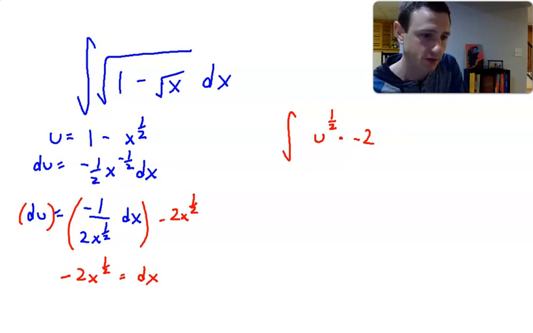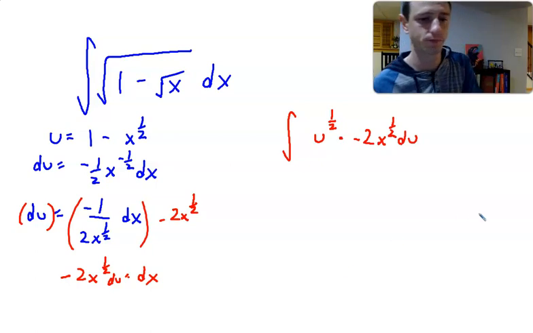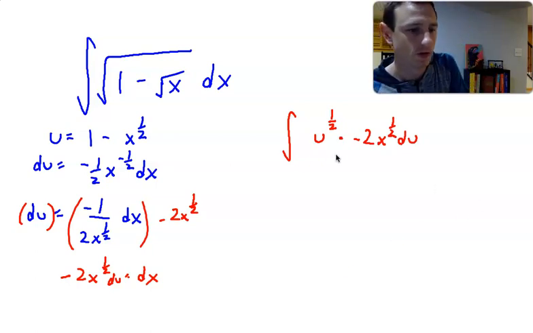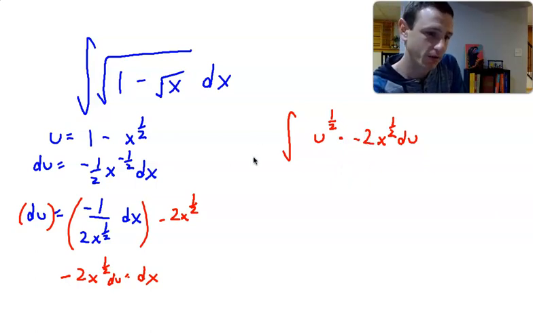Oops, I forgot the du here. So times negative 2x to the 1/2 du. Getting closer. I have a constant here, so I'm going to factor that out, put negative 2 on the outside of the integral. But this is a problem.